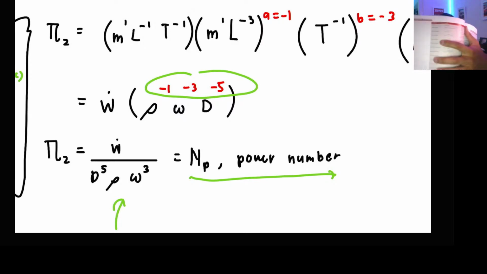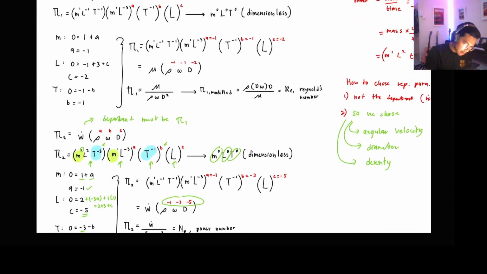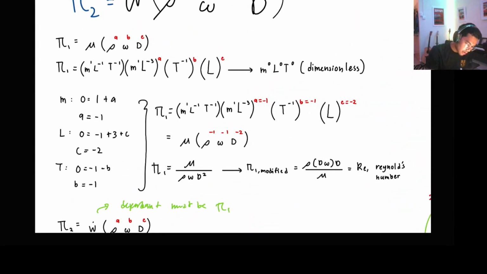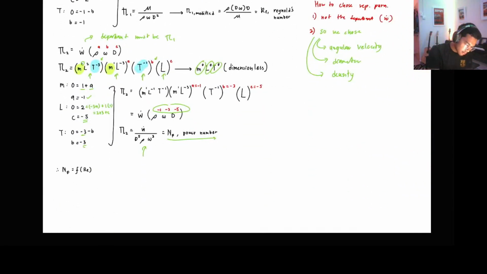It has W on top, and then rho D to the power 5, angular velocity to the power 3. So we've got the power number. Then this one is the Reynolds number. This one is quite easy.